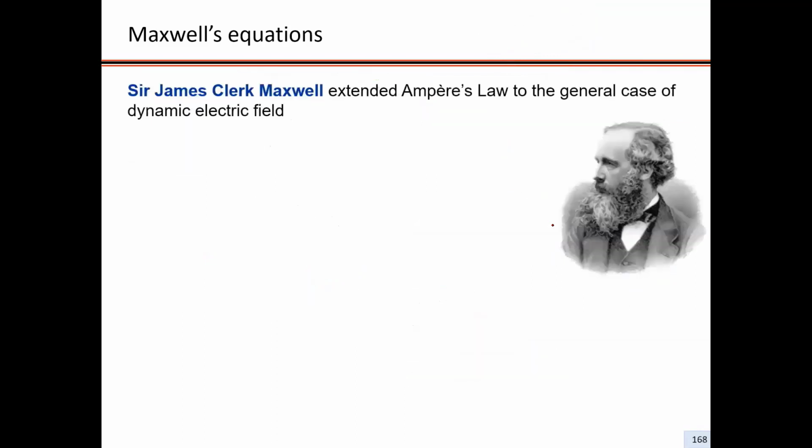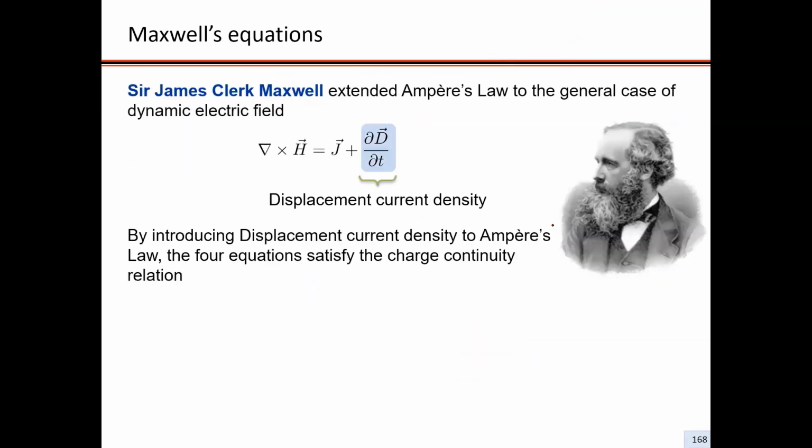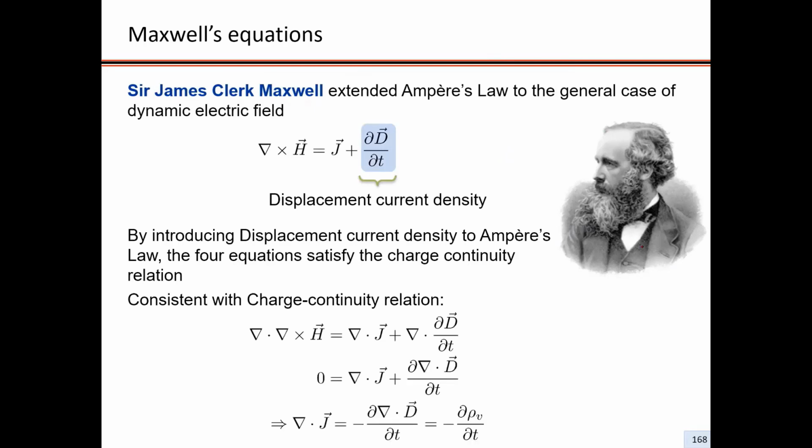He went on to research it, and this is the person, Sir James Clerk Maxwell. Then he noticed that there is no inconsistency, provided that curl H equal to J, which was the original Ampere's law, is extended by adding this new term.